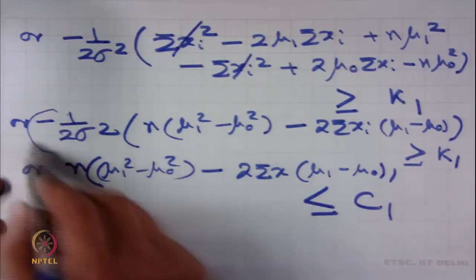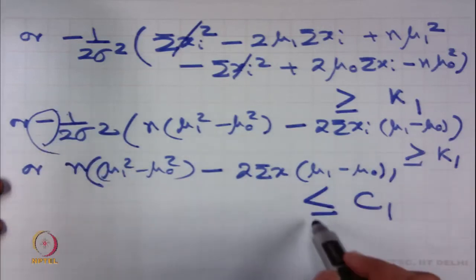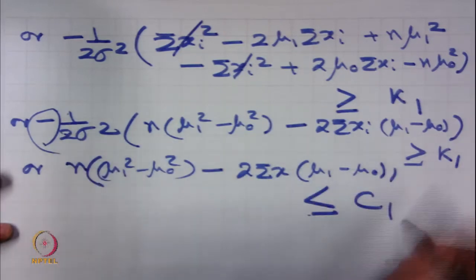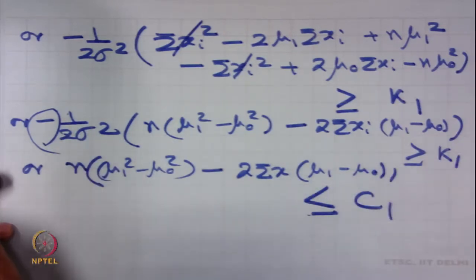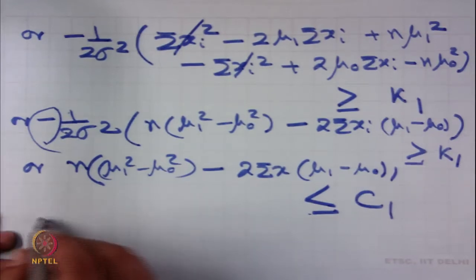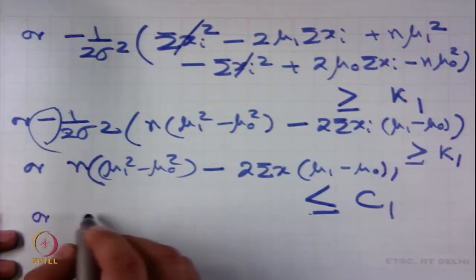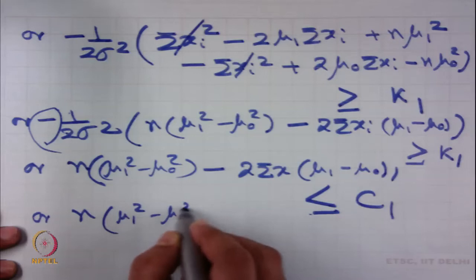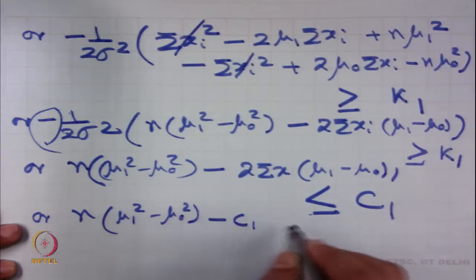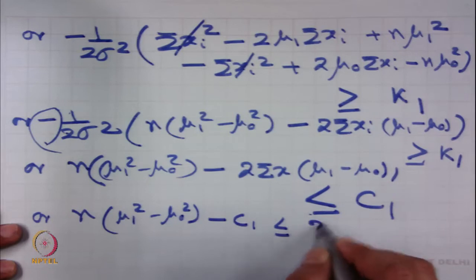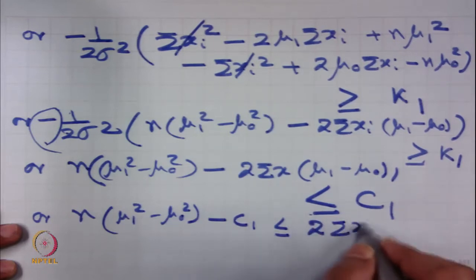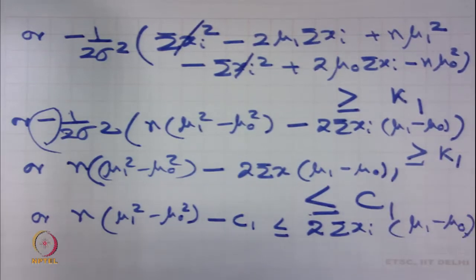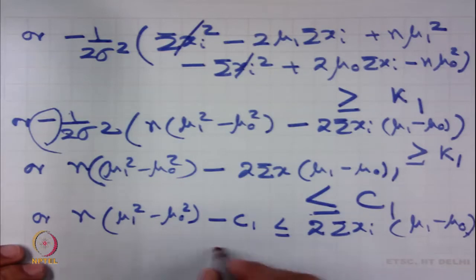This comes because this minus sign is there, therefore, the inequality will be reversed, and when we multiply by 2 sigma square we get a different constant C 1, or n mu 1 square minus mu naught square minus C 1 is less than or equal to 2 sigma xi into mu 1 minus mu naught. So, let us call it 1.